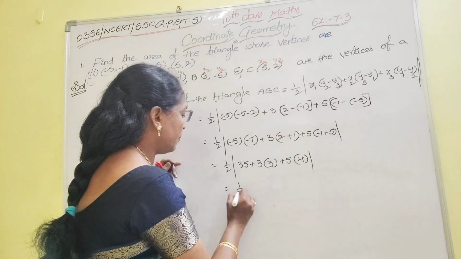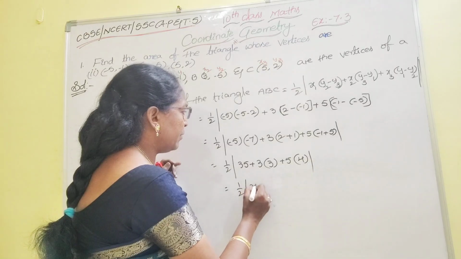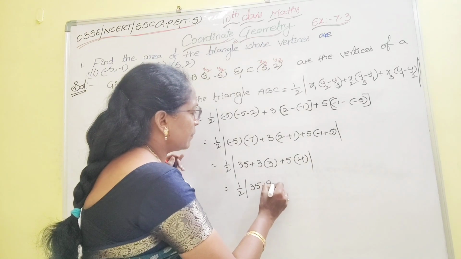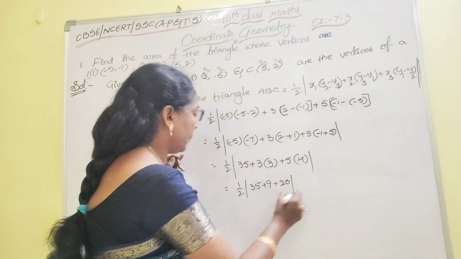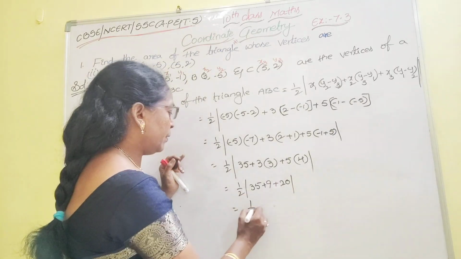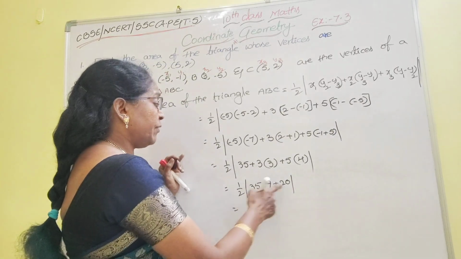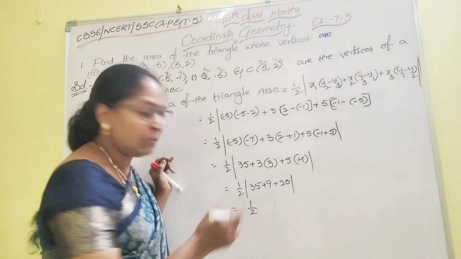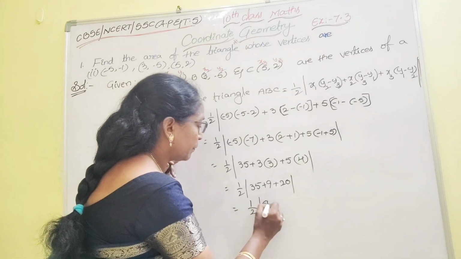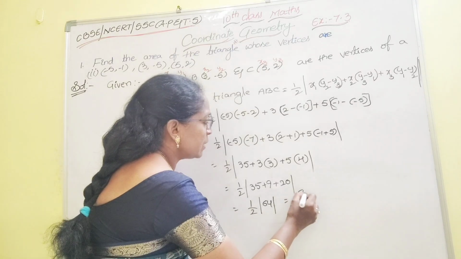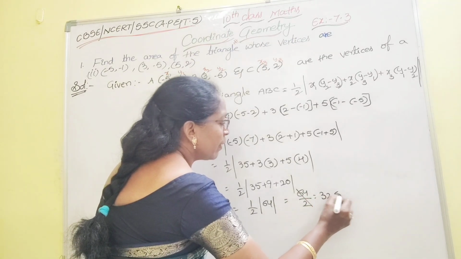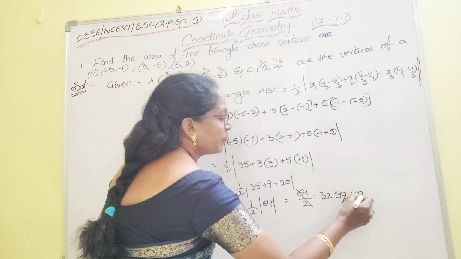Now half modulus of 35 plus 3 threes are 9 plus 5 fours are 20. That equals half. Now 35 plus 20 equals 55, 55 plus 9 equals 64. That equals 64 by 2. That equals 32 square units.